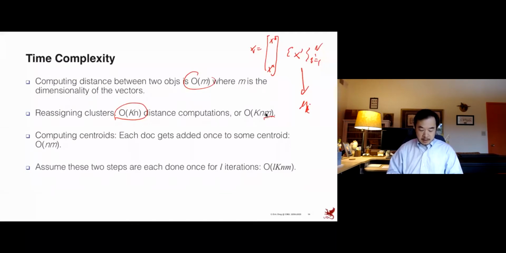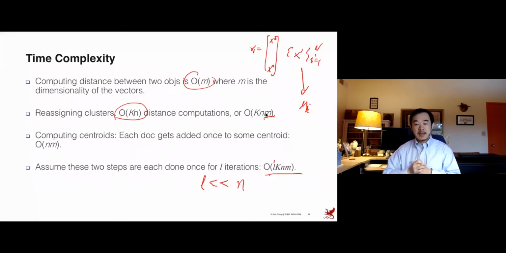And then how often do you need to do this? Well, you need to do it in every iteration. Therefore, you are going to multiply with another number L, which is the number of iterations. And in fact, you don't know how many iterations you will need to converge. But based on street wisdom, you imagine that the number of iterations L should be much smaller than n, hopefully, right?